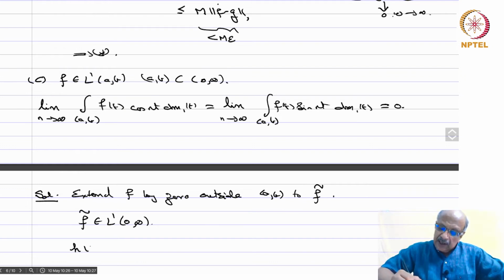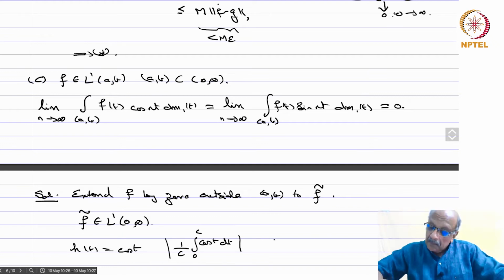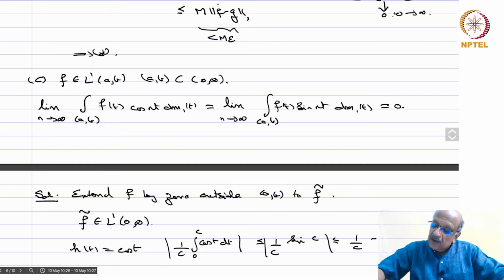Now if I take h(t) equals cos t, then you get 1 by c times the modulus of the integral from 0 to c of cos t dt. This is less than or equal to 1 by c, since the integral of cosine is sine, so sine c minus sine 0 is just sine c, which is less than or equal to 1 by c and goes to 0 as c tends to infinity.